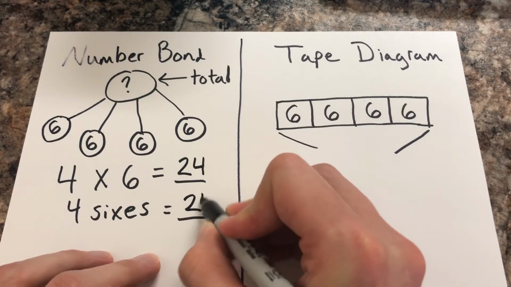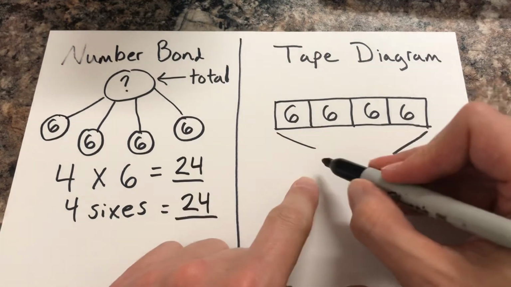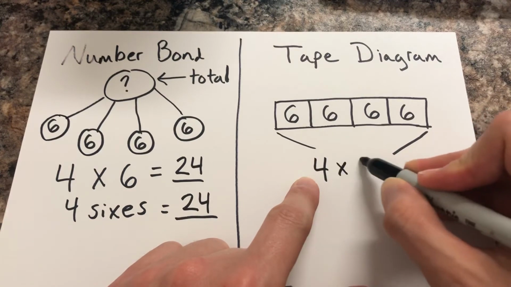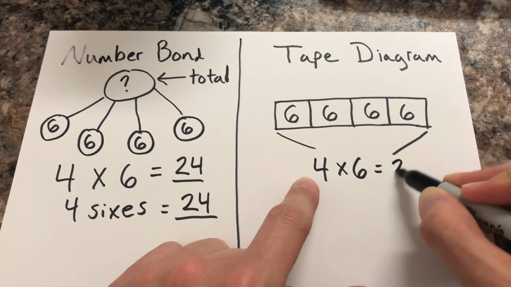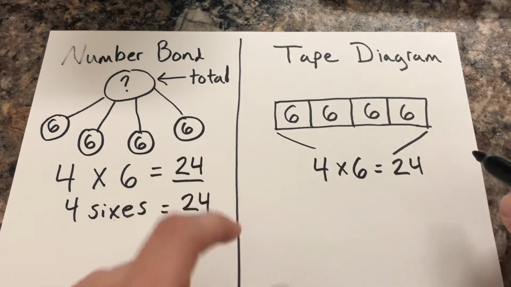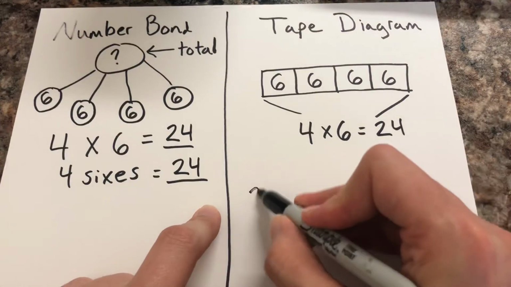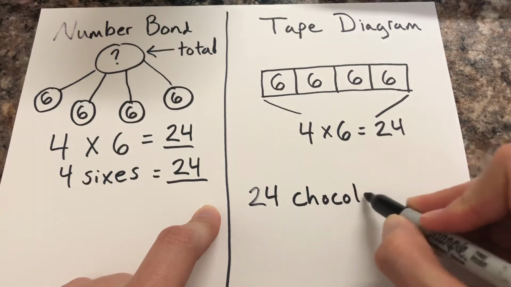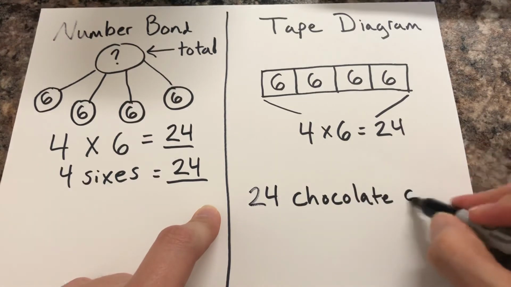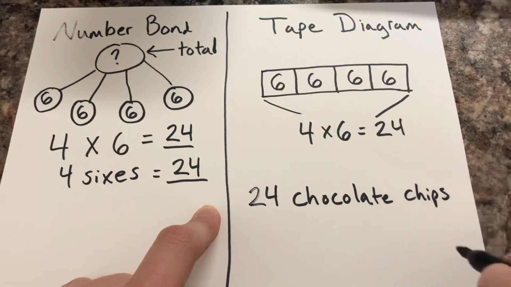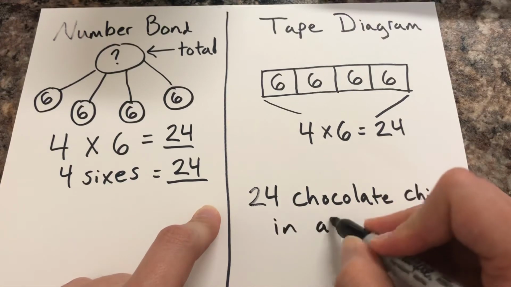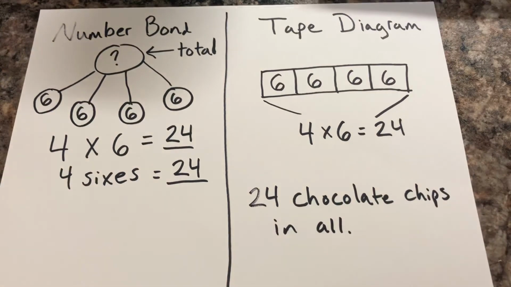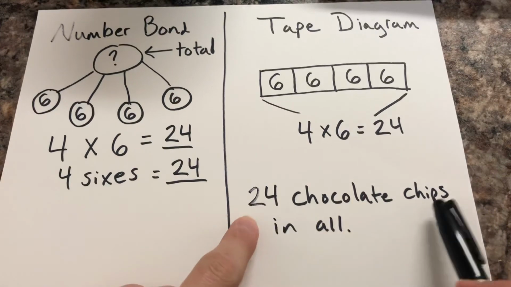That means that this is 24. This is 4 groups of 6, which makes 24. So in total, I would say 24 chocolate chips in all. Right? That would be my answer sentence.